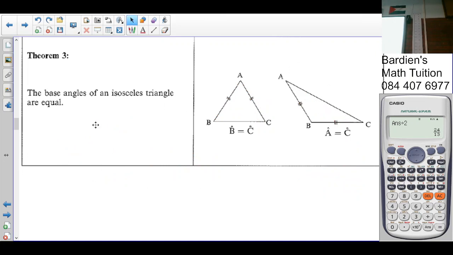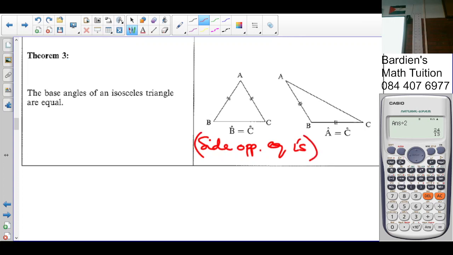So that's theorem 3. If we use this theorem, I just need you guys to make a note here. If this is the case, we write sides opposite equal angles. You remember you guys made notes on this? Did you make your notes?